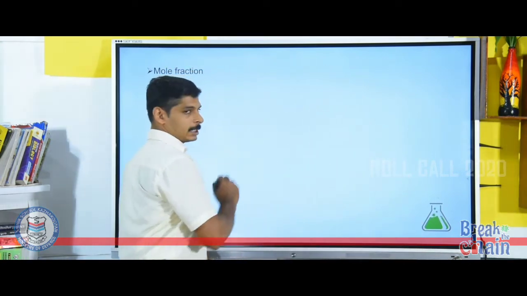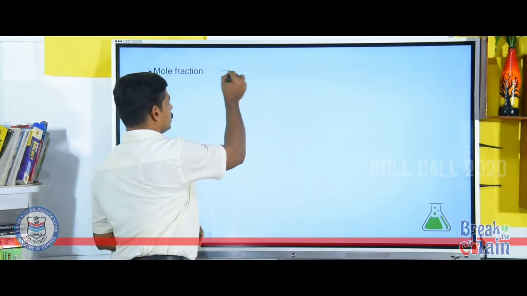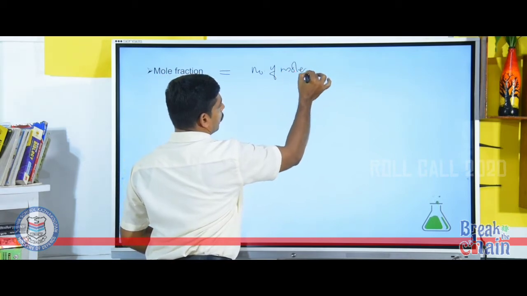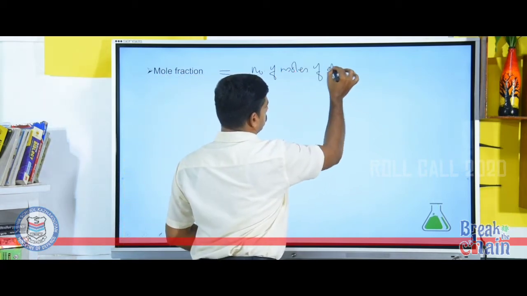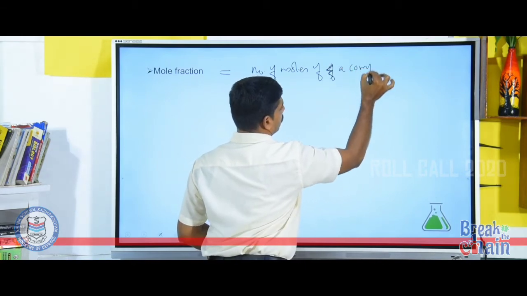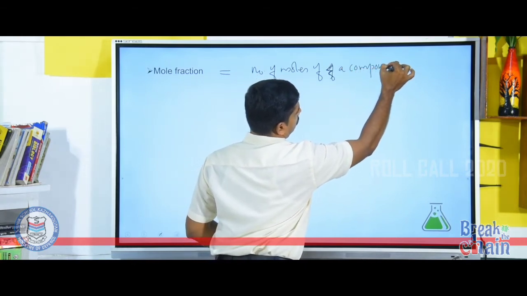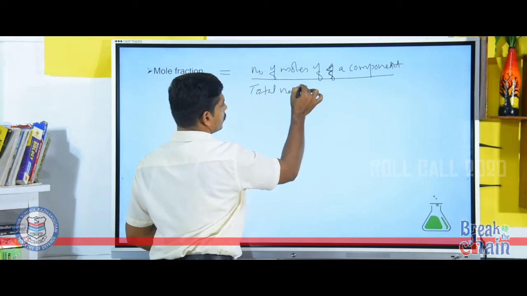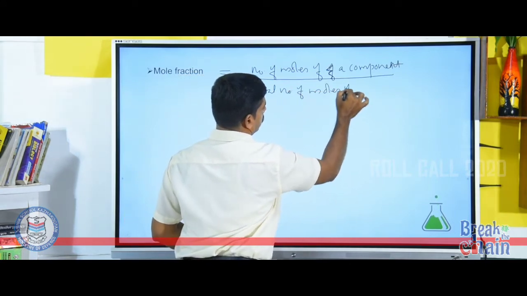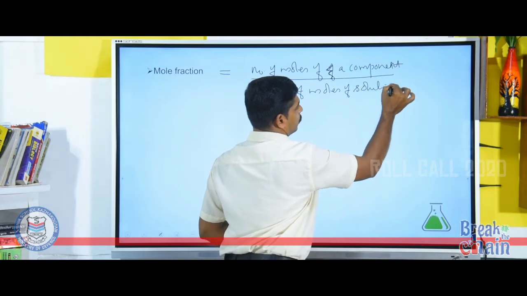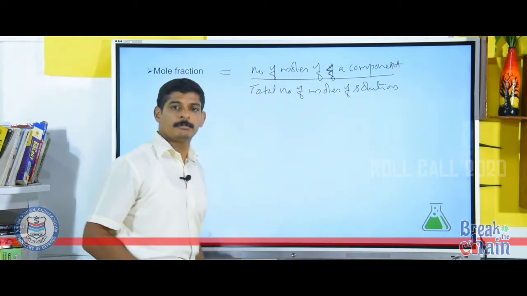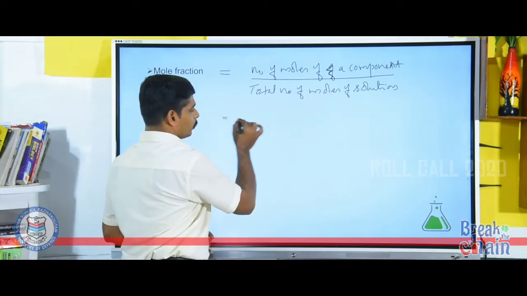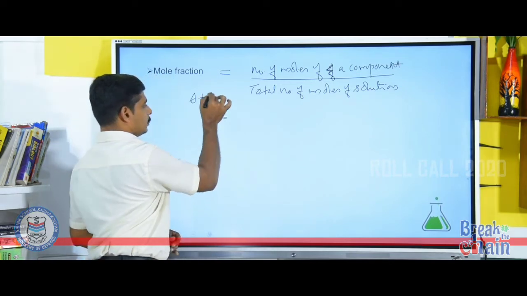Now, for example, how can you write it? Since it is in terms of moles, you can say number of moles of a component divided by total number of moles of solution. You need not multiply with anything because it simply represents the fraction, right. So, let you be having two components A and B, a binary solution.